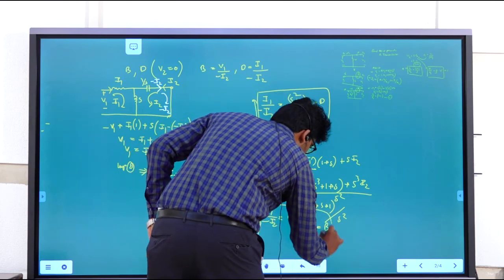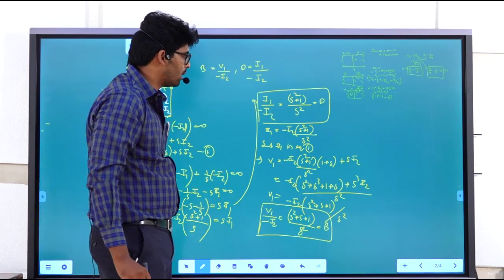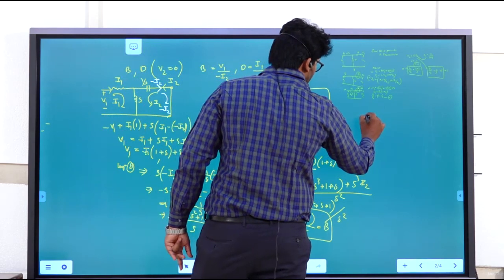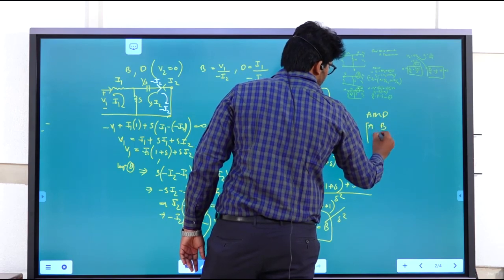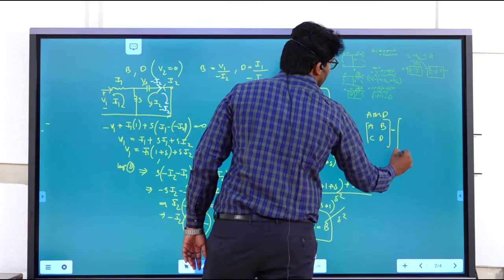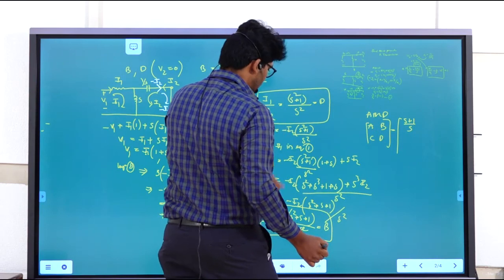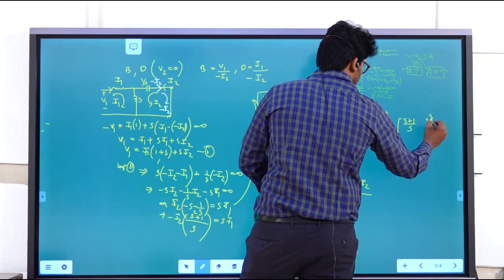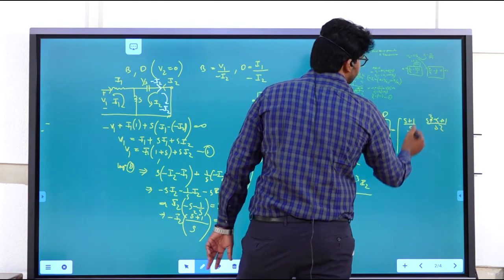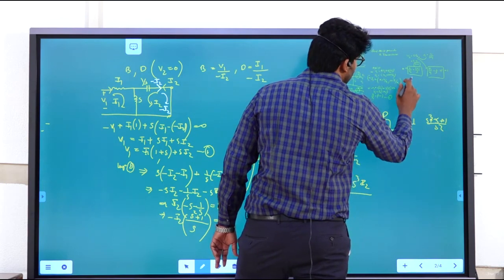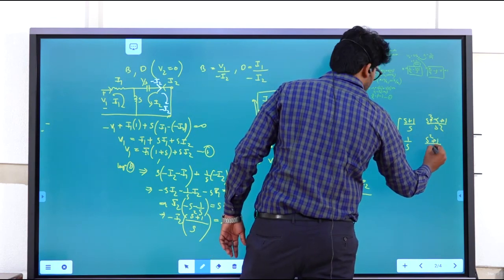So finally, by making V2 equal to 0, we find parameters D and B. For the total ABCD parameter, or transmission parameter, we will write the ABCD matrix equal to: A as S plus 1 by S, B as S square plus S plus 1 by S square, C as 1 by S, and D as S square plus 1 by S square.